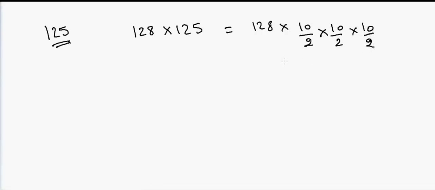So we have to divide 128 by 2 three times, or we can divide it by 8. So if we divide 128 by 2, that is 64, and half of 64 is 32, and half of 32 is 16. So the answer will be equal to 1600 and one more zero.